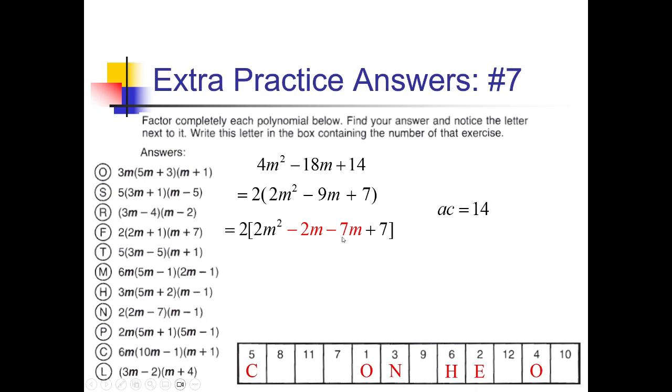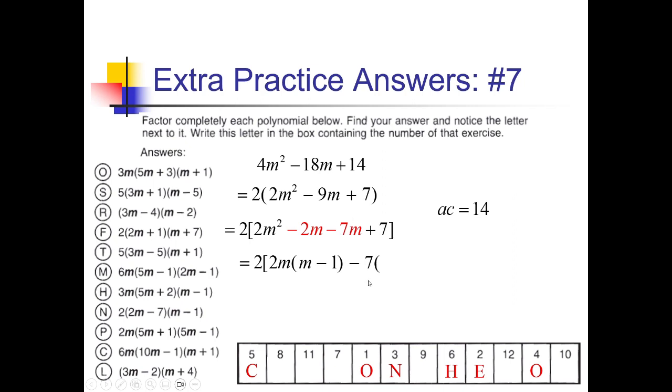Next up, I'm going to factor by grouping. In here, the first two terms, 2m squared and -2m, I can take a 2m out of both of those. And then that leaves me with an m minus 1. For the next two terms, since the third term here is negative, I'm going to take out a negative, and I can take 7 out of both of those, which is kind of nice.